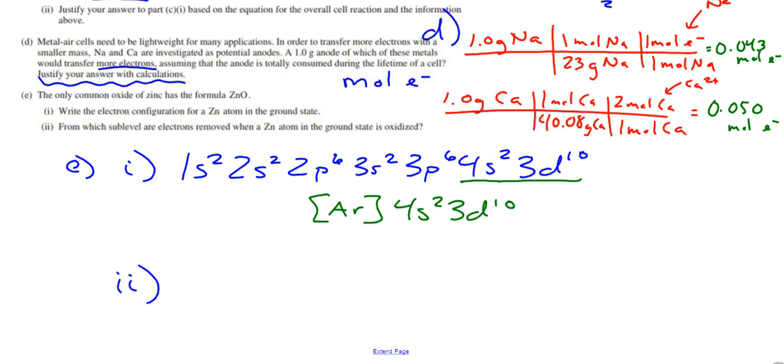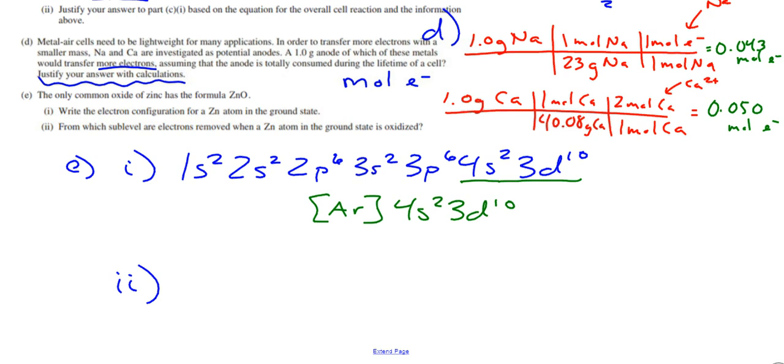Okay? 1 point though. Double-I, from which sublevel are the electrons removed? So is it 4s or is it 3d? Where are electrons removed? They are removed from the outermost energy level. That's why they're called valence electrons.